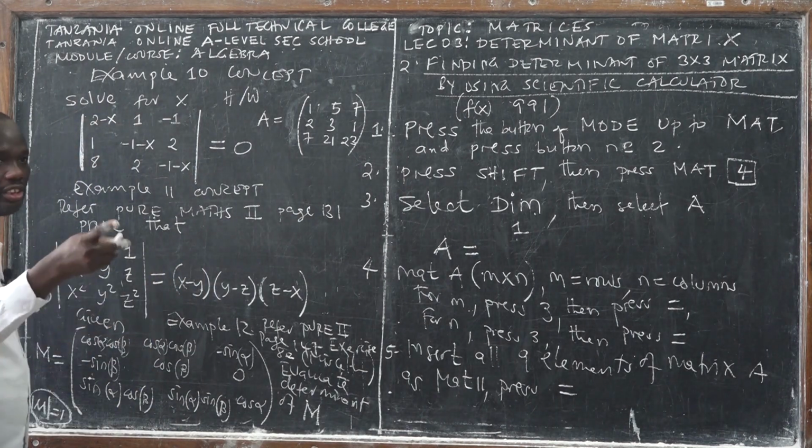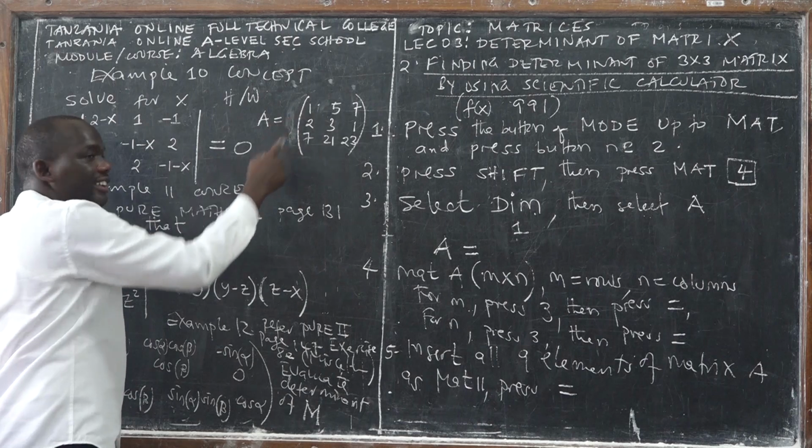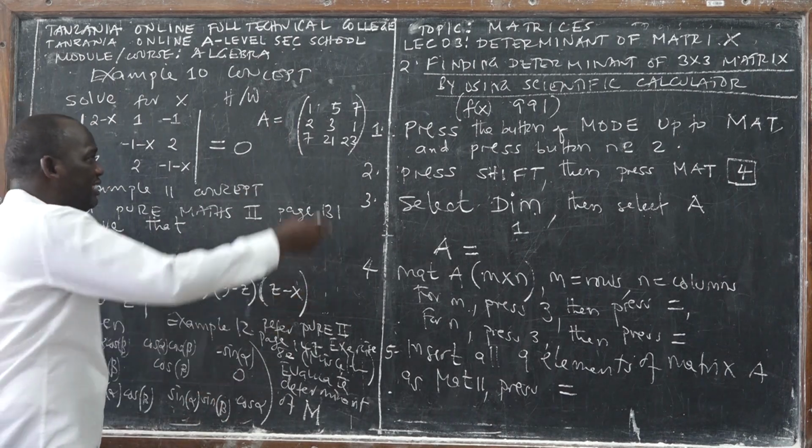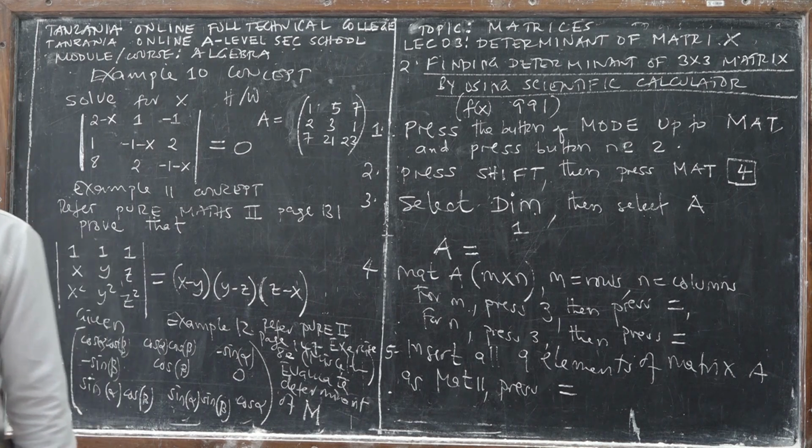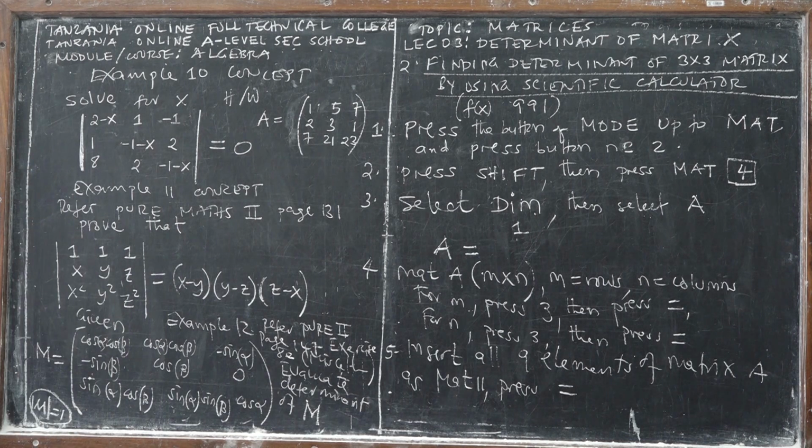So this is Mat 1,1, Mat 1,2. Feed those elements. Once you feed Mat 1,1, you press the equal sign. You do the same for the second one, the third one, until the ninth.